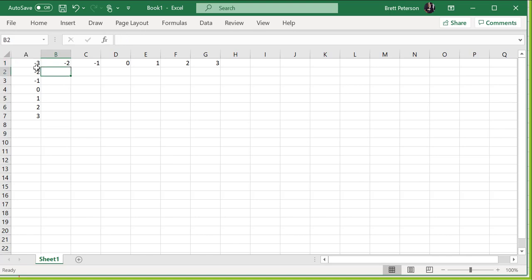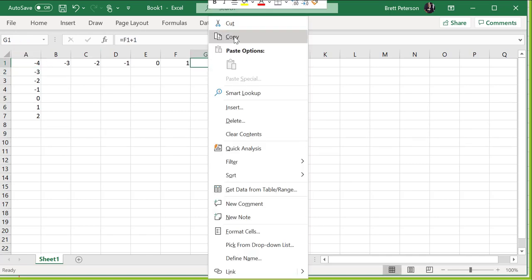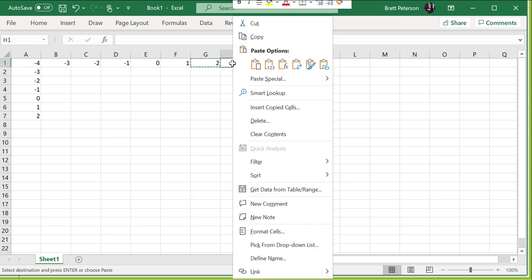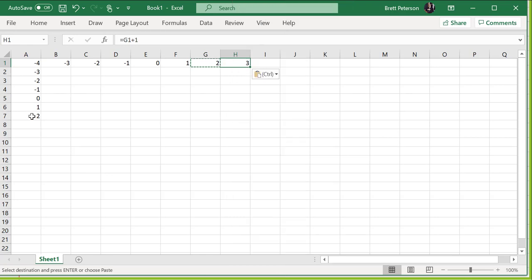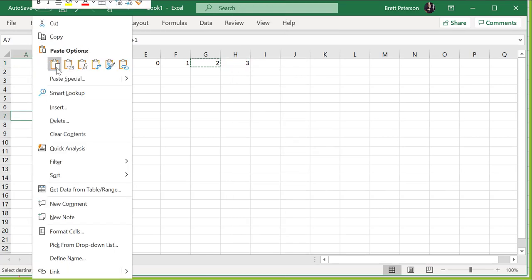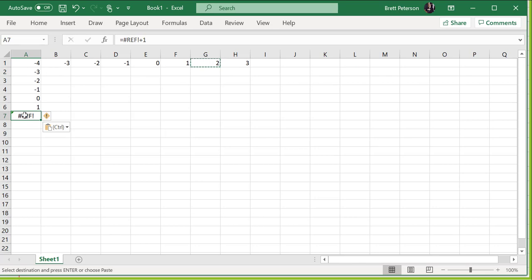If I want the table to go from -3 to 3, I started at the wrong place. So let's change it to 4, and then I need to copy one more. You always need to start one less than where you're at. It would have been fine, it just wouldn't have given me the values I was looking for.